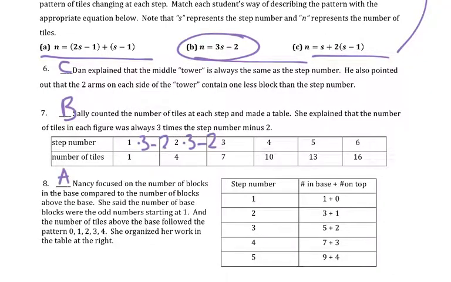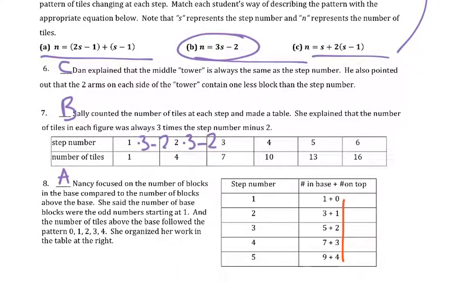Nancy focused on the number of blocks in the base compared to the number of blocks above the base. She said the number of base blocks were the odd numbers starting at 1. Okay, so 1, 3, 5, 7, 9. The number of tiles above the base followed the pattern 0, 1, 2, 3, 4. So she just added those.